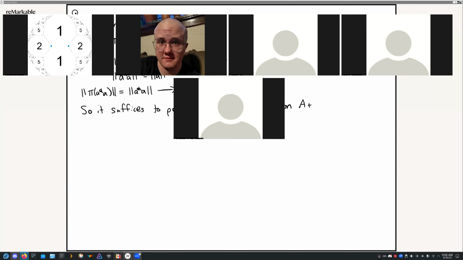Great. So let's choose an arbitrary positive element A. It's a previous theorem that the norm of pi of A is at most the norm of A. So we already knew that pi is continuous, in fact a contraction.